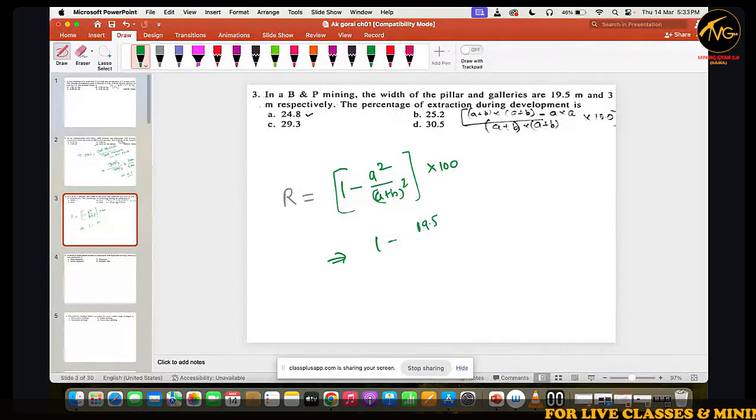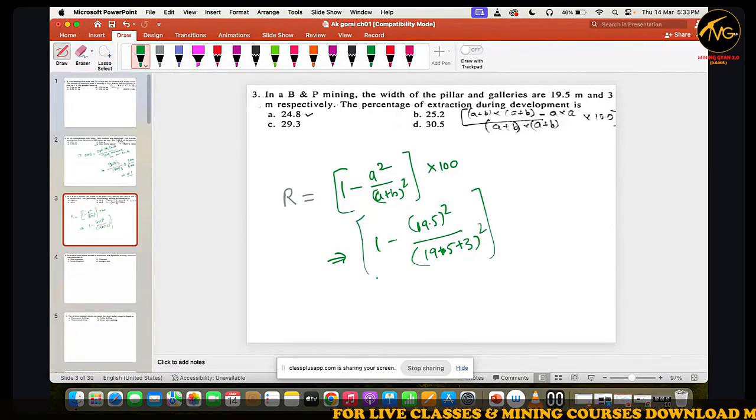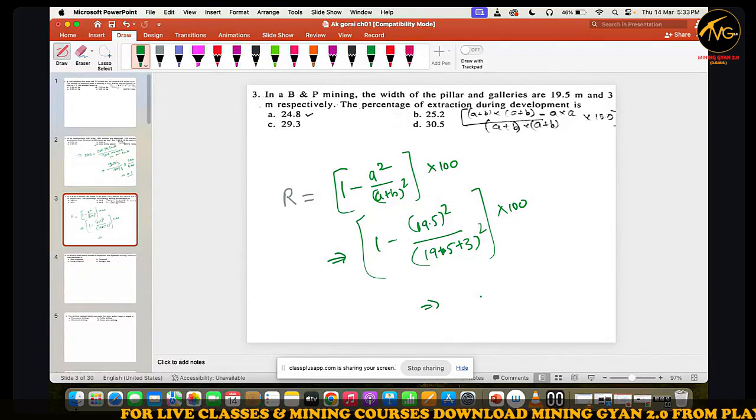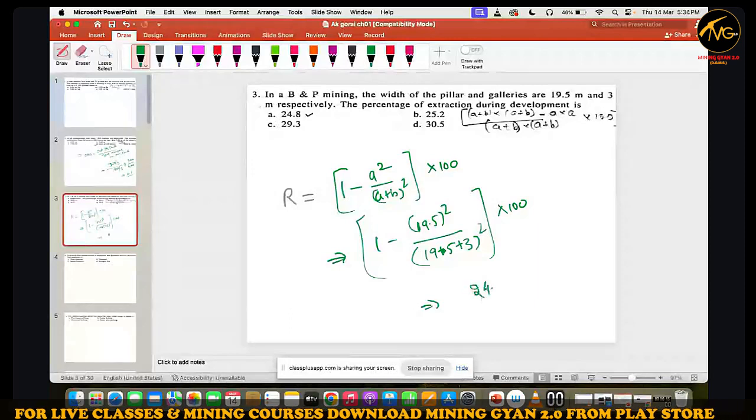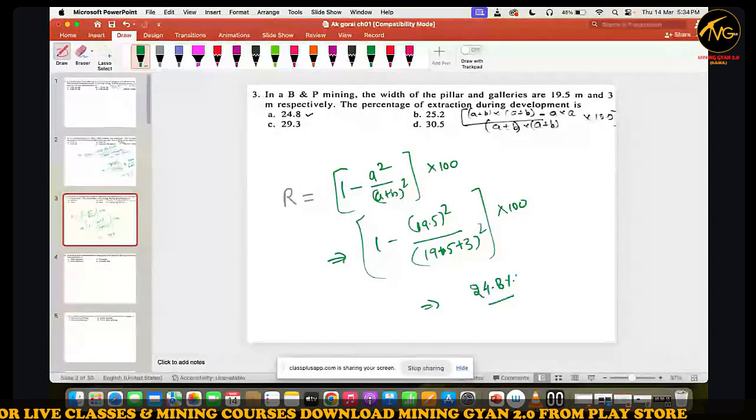Pillar 9.5 squared. What is a plus b? 9.5 plus 3, squared, into 100. When you solve it, you will get 24.8%.